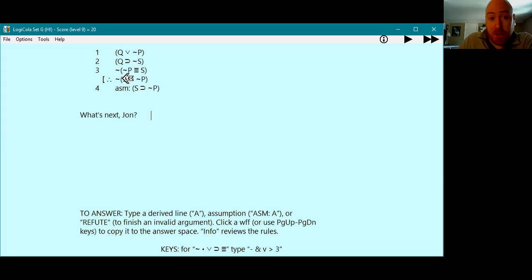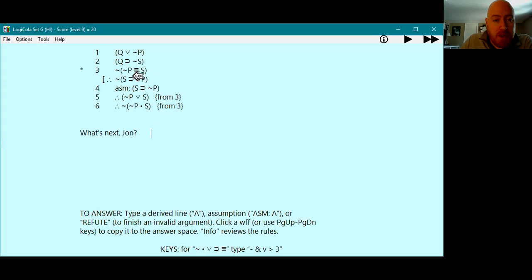But again, I don't have either one of those things. All right, the only line I can simplify is line 3. So line 3, I have a tilde outside of a triple bar. All right, so line 3 can be simplified to either not P or S, and it can also be simplified to it's not the case that not P and S.